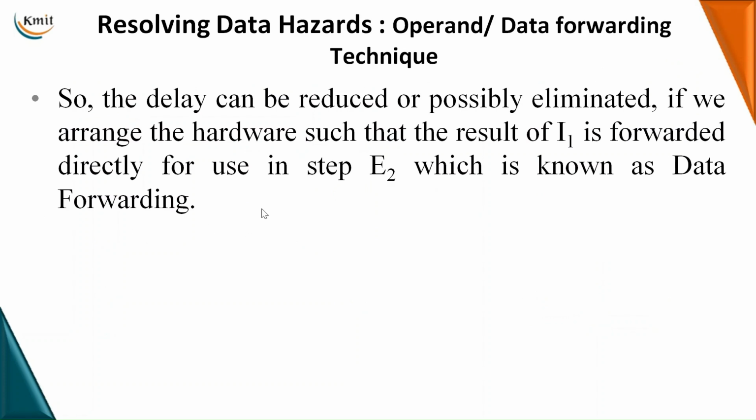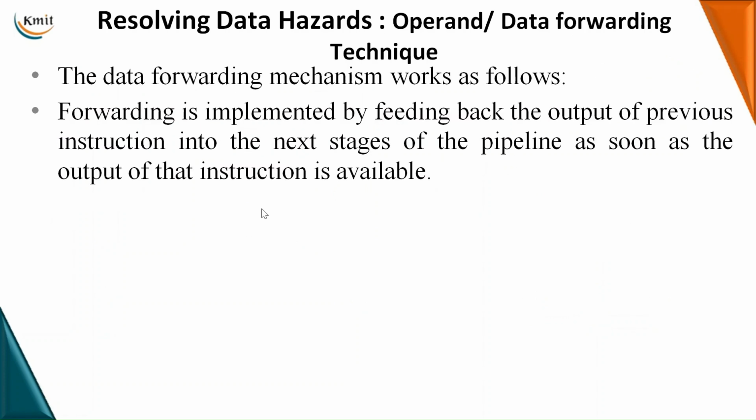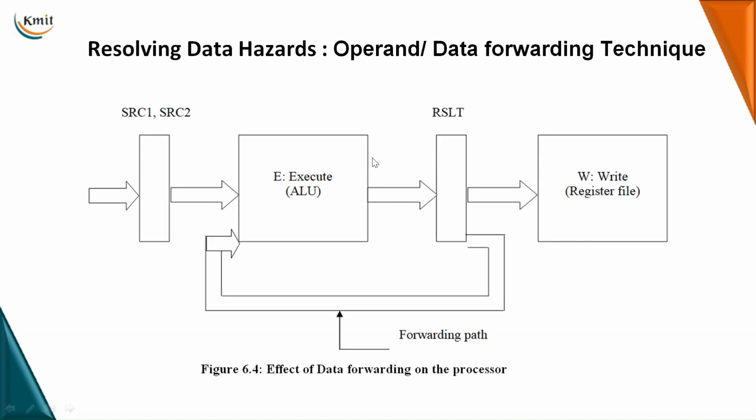Here you have to make changes in your hardware in such a way that it implements the concept of operand forwarding when there is a data dependency situation. The data forwarding mechanism works as follows. The forwarding is implemented by feeding back the output of your previous instruction into the next stages of your pipeline as soon as the output of that instruction is available.